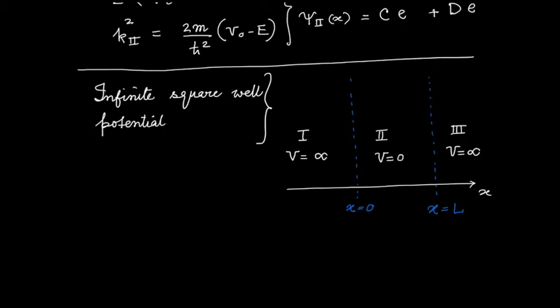So this is like, if you wish, you are being caged in between two very high, infinitely high walls. So in the classical case, you have no way you can go out of this wall, and inside the wall the potential is 0.